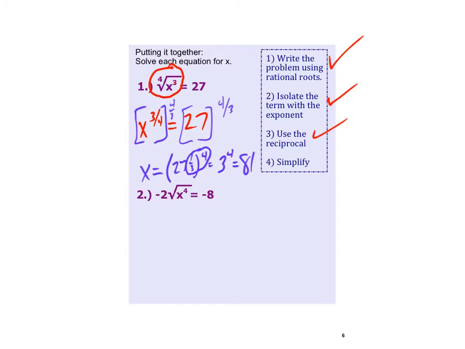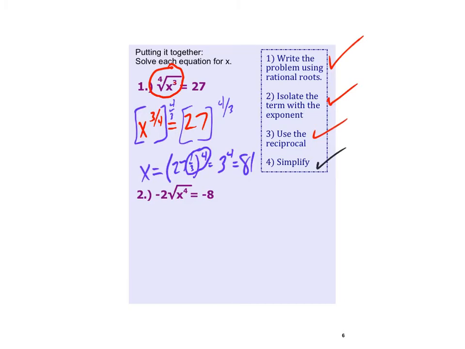Now number 2, again, what we're going to do first is just isolate the term with the exponent. To keep my order here, I will write it using rational roots first, and then we didn't need to simplify. That was already taken care of.